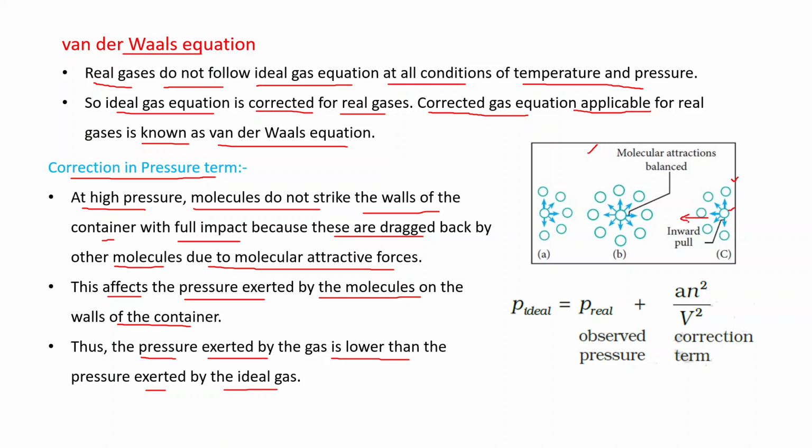That's why the pressure exerted by the real gas is smaller, and to make it equal we have to add one correction term, and this is the correction term, an square divided by v square. When we add this to the pressure exerted by the real gas, that is the observed pressure of the real gas, then this will be equal to the pressure of an ideal gas.